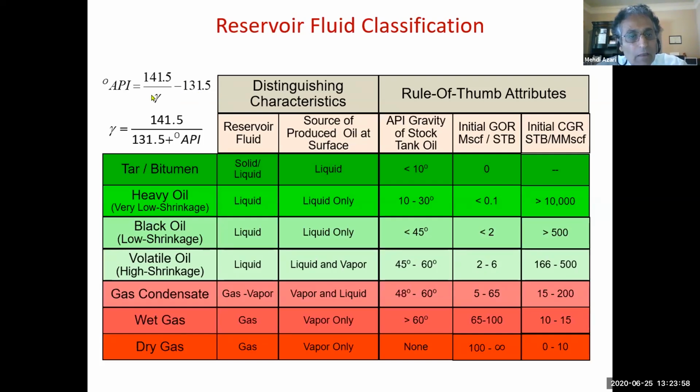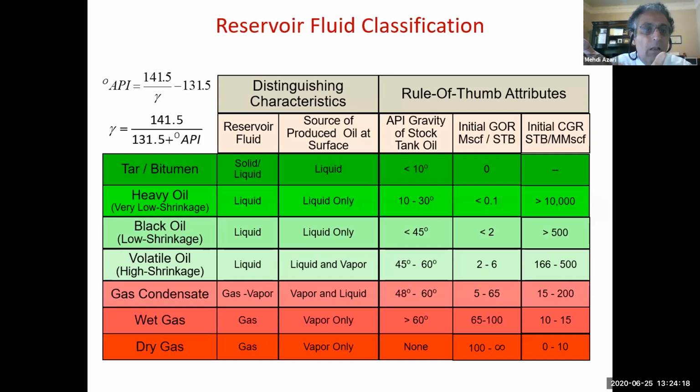And if you solve for gamma, which is specific gravity, you get that one. The density or gravity of water is 1. So 141.5 divided by 1 minus 131.5 is 10. So the API gravity of water is 10. So you can use that as a reference.